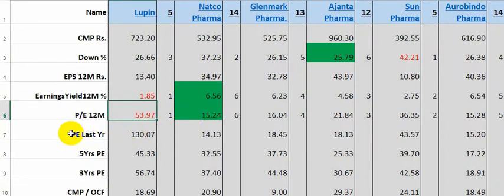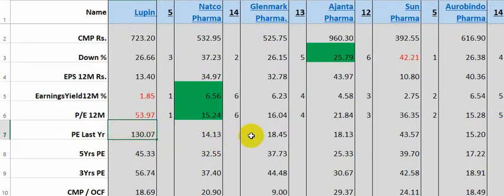Let us look at the 2018 price earning multiple. Lupin even in 2018 was quoting at a very high price earning multiple of 130 times. That is, price was 130 times higher than its earnings of that year.